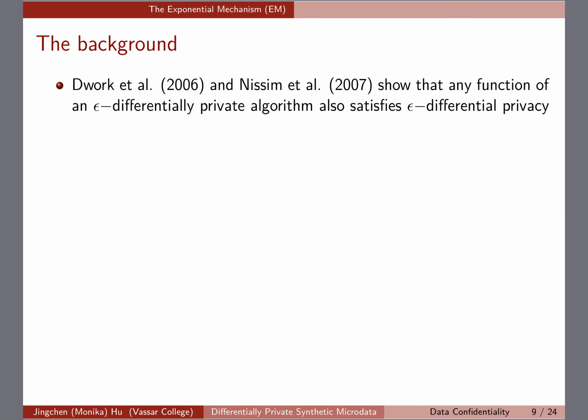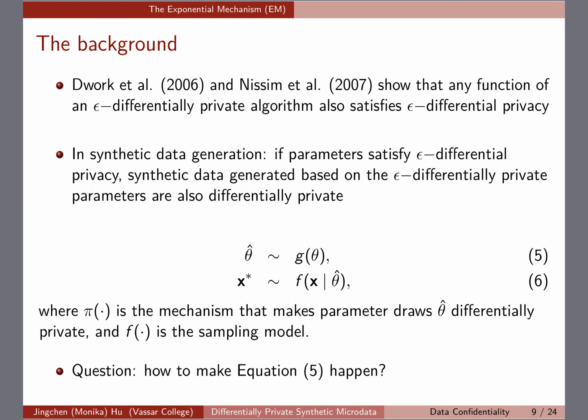So in our context, we should understand this sentence as: if model parameters satisfy epsilon differential privacy, then synthetic data generated based on these epsilon differentially private parameters are also differentially private.